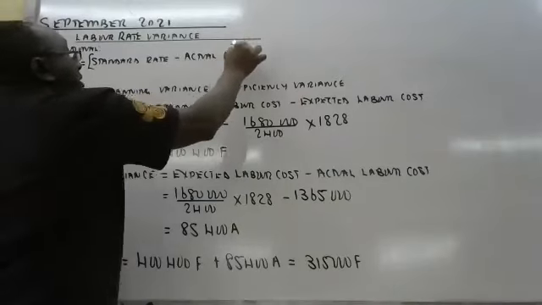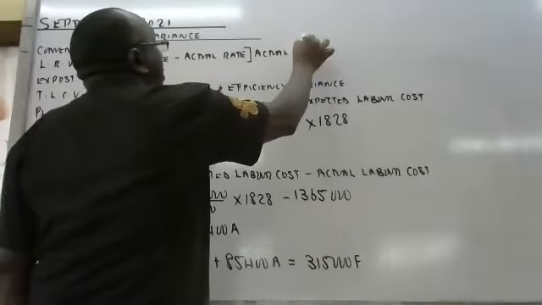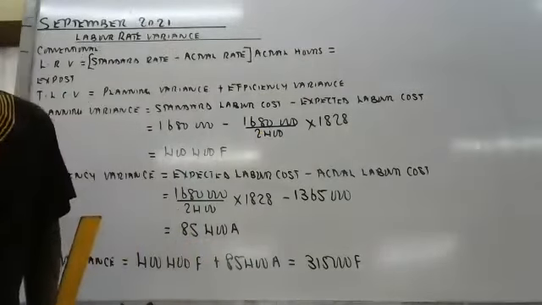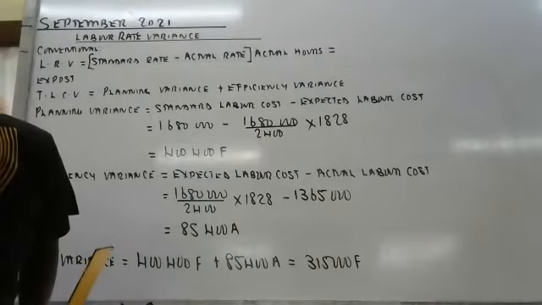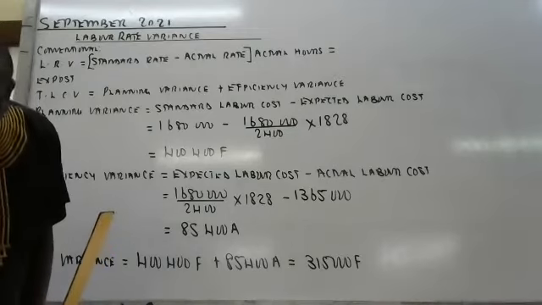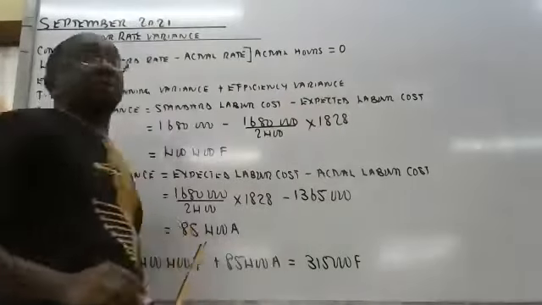The actual rate you multiply by actual hours. And this is the one that in the question we are told it was computed and found to be 0.